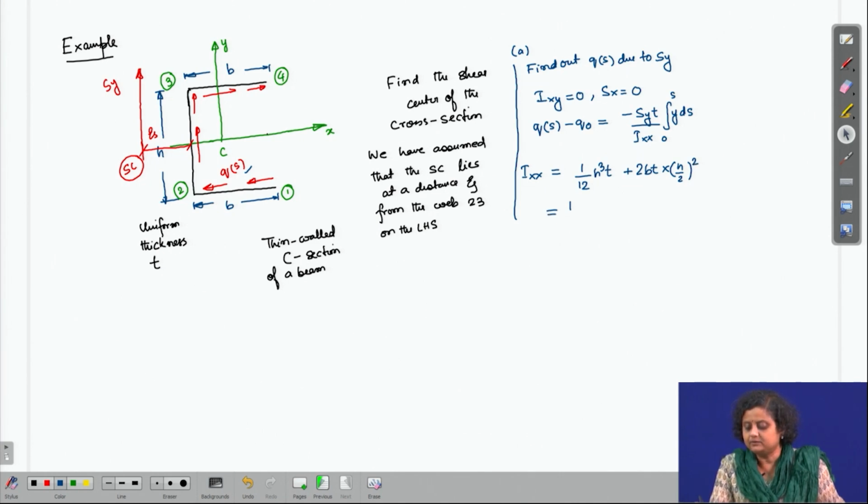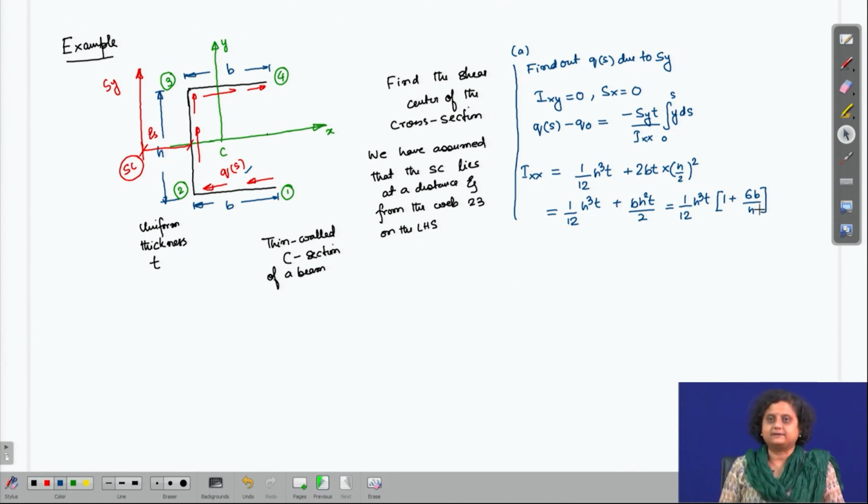If we calculate this, we have 1/12 h cube t plus b h square t by 2. If we simplify this further, it is going to be h cube t times 1 plus 6 b by h. So, this is Ixx.